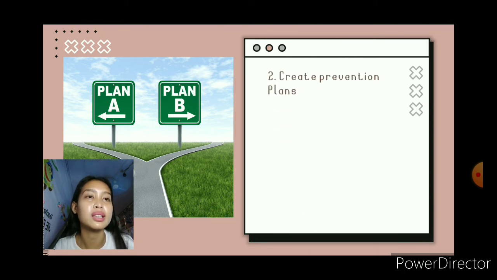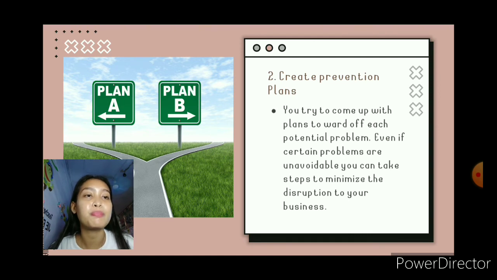Second, create prevention plans. You try to come up with a plan to ward off each potential problem. Even if certain problems are unavoidable, you can take steps to minimize the disruption to your business.